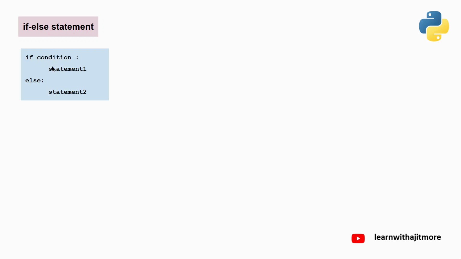So if condition is true, perform statement 1, else perform statement 2. As I told, if the statement is a single statement, you can write on the same line as well. देखो ऐसे. हाँ, बट अगर ब्लॉक है, मल्टीपल स्टेटमेंट है, तो फिर नेक्स्ट लाइन पे ही लिखना पड़ेगा. बट कोशिश नहीं, you have to, again I told, कोशिश नहीं, you have to write it in the same line, सेम कॉलम. लाइन नहीं, सेम कॉलम.